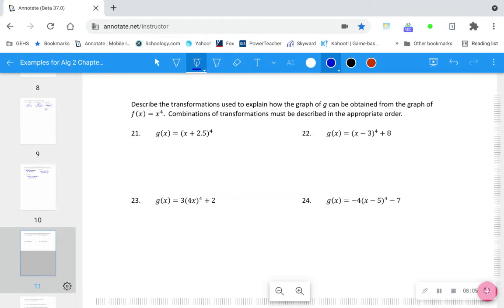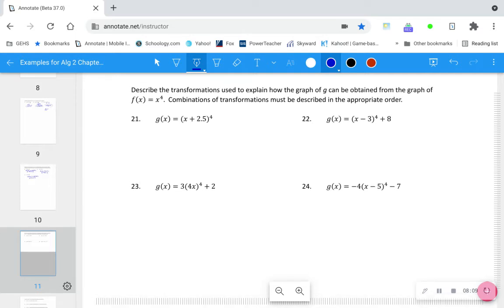Okay, we're supposed to describe the transformations that are in each of these problems and make sure that we do it in order. So the first one only has one transformation. We get that plus 2.5 inside, which moves it left 2.5 units. Adding and subtracting inside moves left and right, and it's ill-behaved or poorly behaved, so plus goes left.